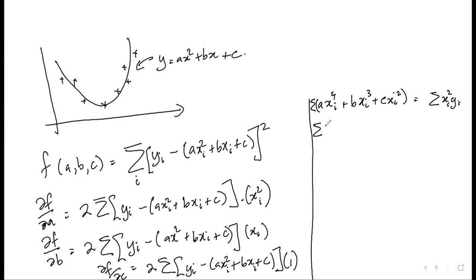And again we end up with a sum of x cubed plus b sum of x squared plus c sum of x is equal to the sum of x y.